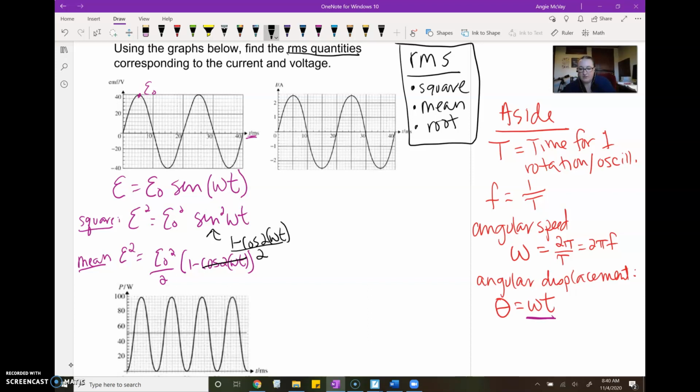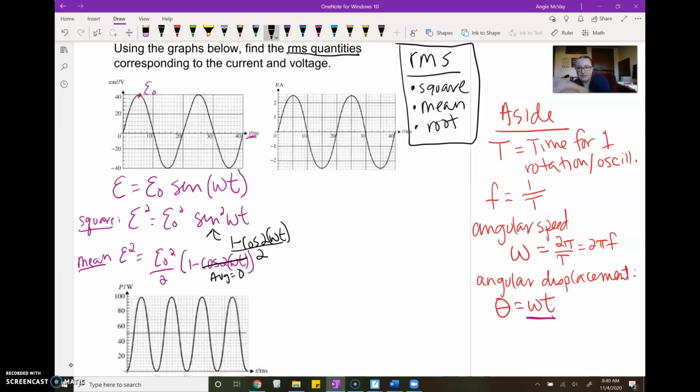If we take the average of cosine, that becomes 0. All right, and so what we're ending up with after the mean is E squared equals E naught squared over 2, right? That's all we've got left.